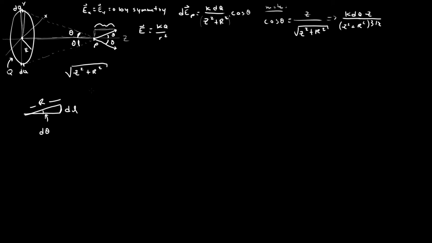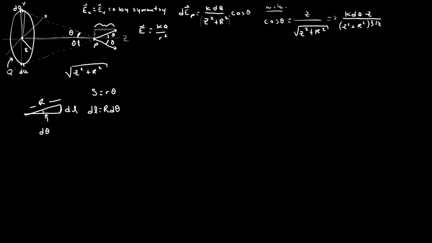Now, for arc length, S is equal to r theta. S is the arc length in question, r is the radius of the circle, and theta is the angle of the arc. So when we plug in, we see that the tiny arc length, dl, is equal to big R, the radius of the ring, times d theta.